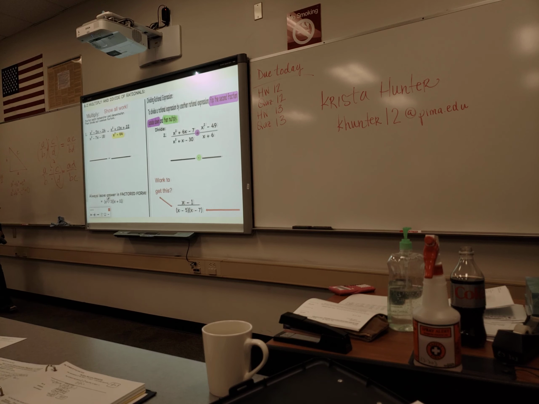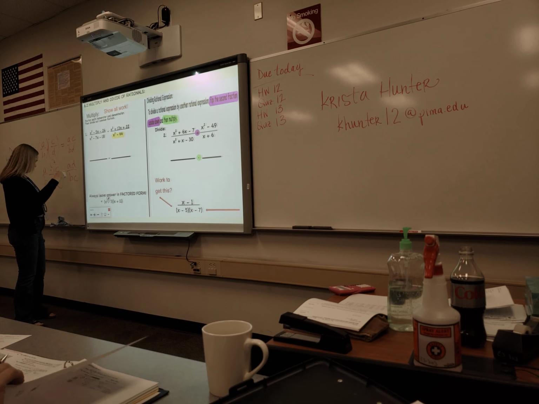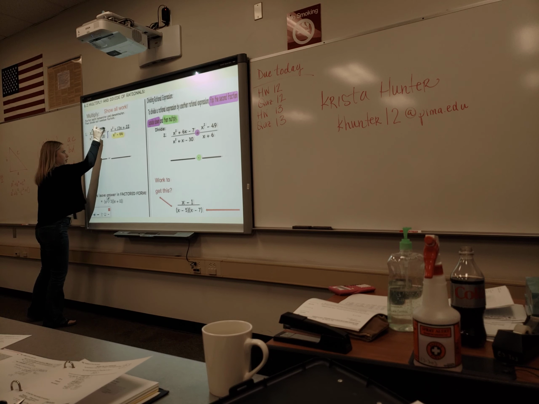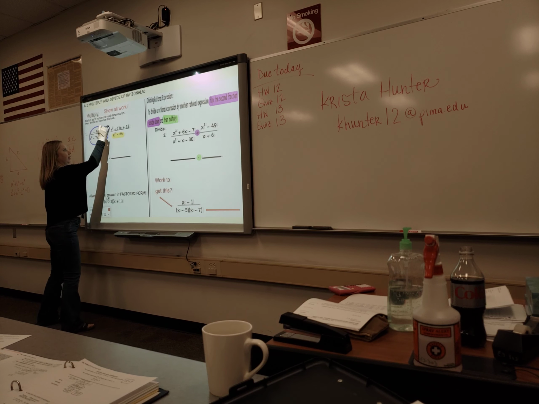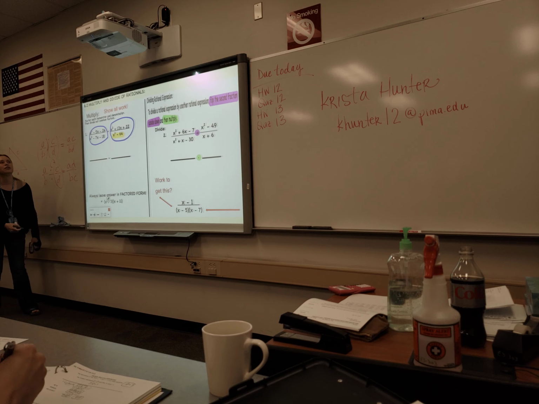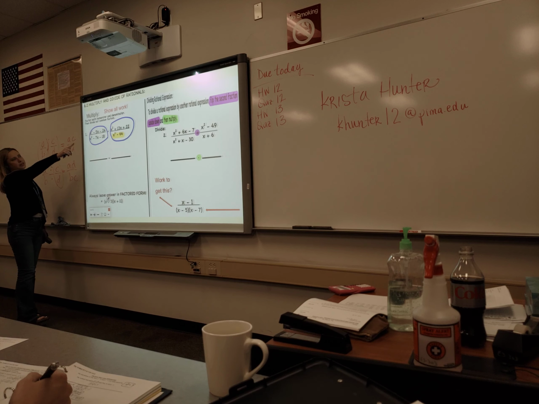I'm gonna assume that you get this. We're gonna work here. Got my eraser. Okay, so we have a rational expression right here and another rational expression. This one is multiplied together.